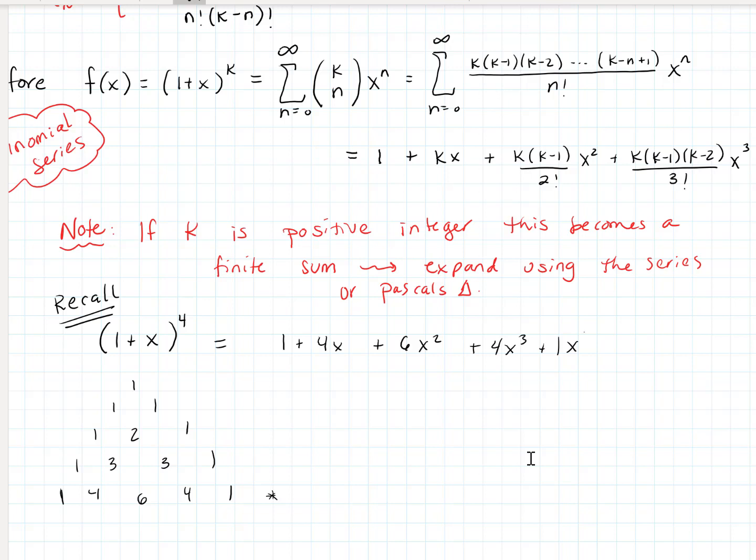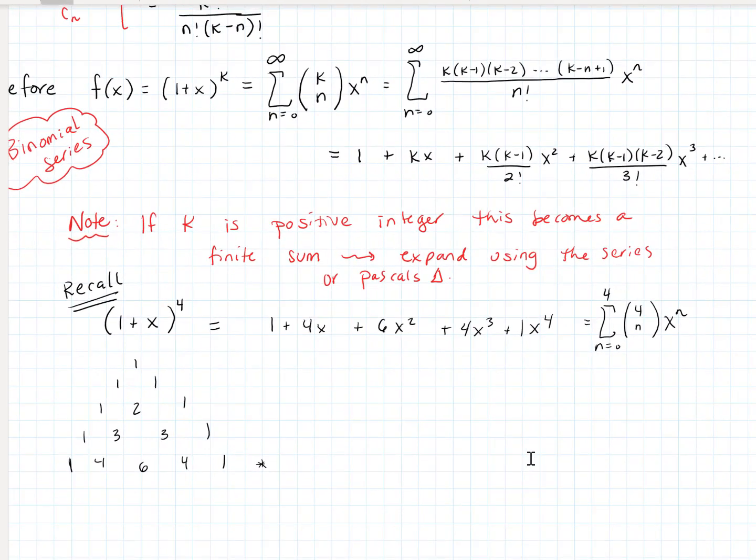But it turns out that that is exactly the same as doing 4 choose n from n equals 0 to infinity. I'm sorry, n equals 0 to 4, actually. It becomes a finite sum, x to the nth. And we could show that that's the same as taking 4 choose 0 times x to the 0, 4 choose 1 times x to the 1st, 4 choose 2 times x squared, 4 choose 3 times x cubed, and 4 choose 4 times x to the 4th.